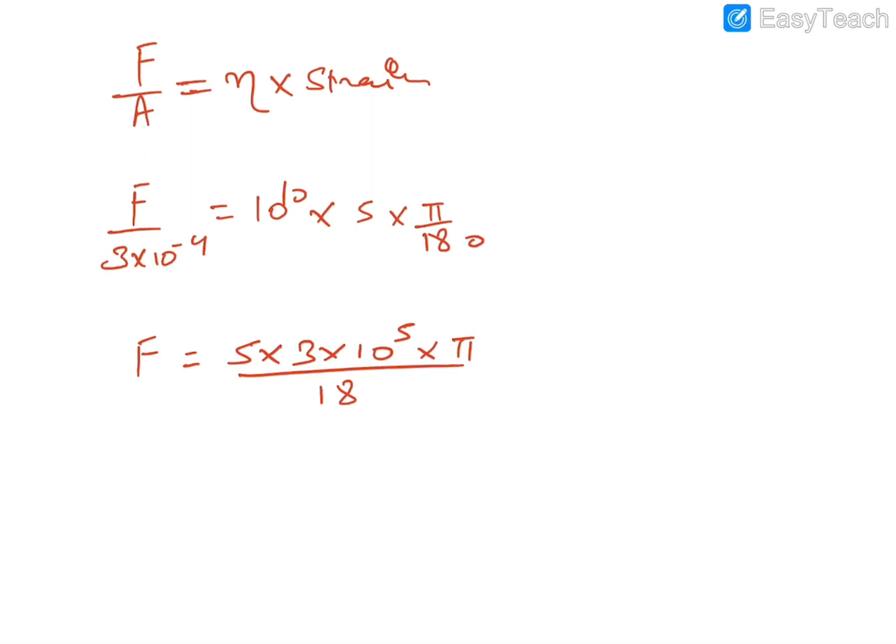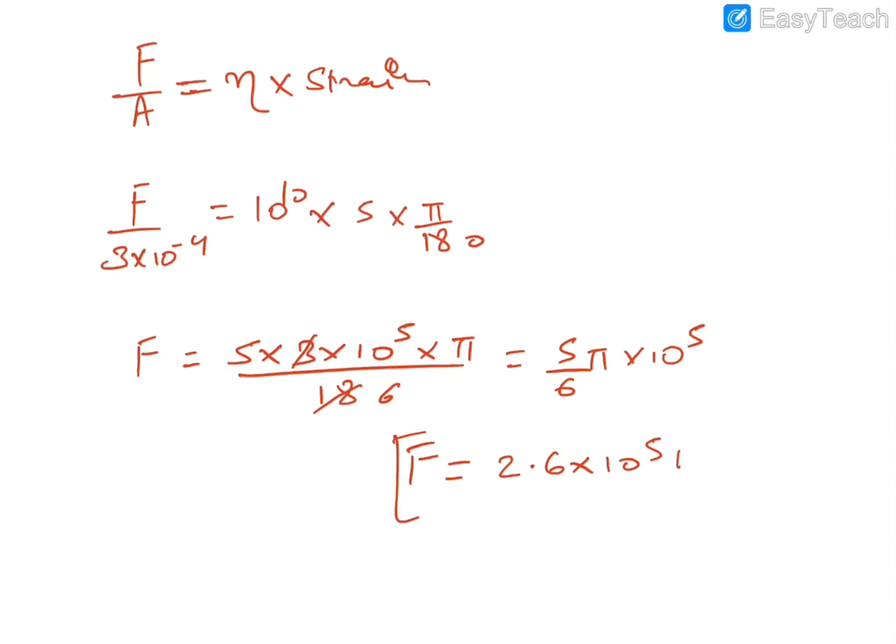Now this is equal to 5 by 6 pi into 10 raised to power 5. This will be equal to 2.6 into 10 raised to power 5. So this much force will be required to break the bone if shearing strain is 5 degree.